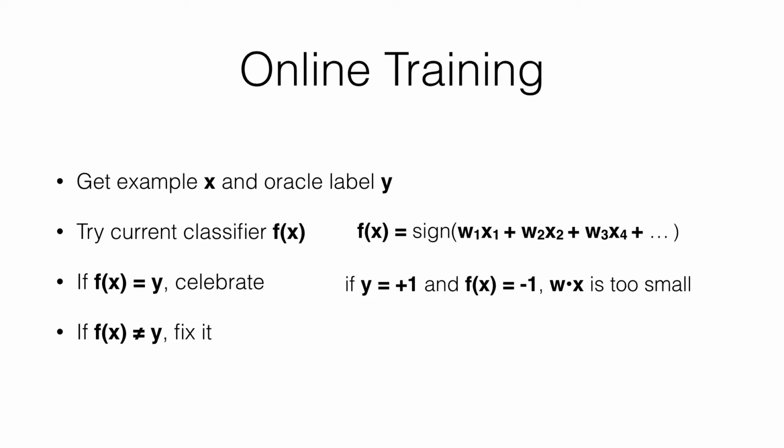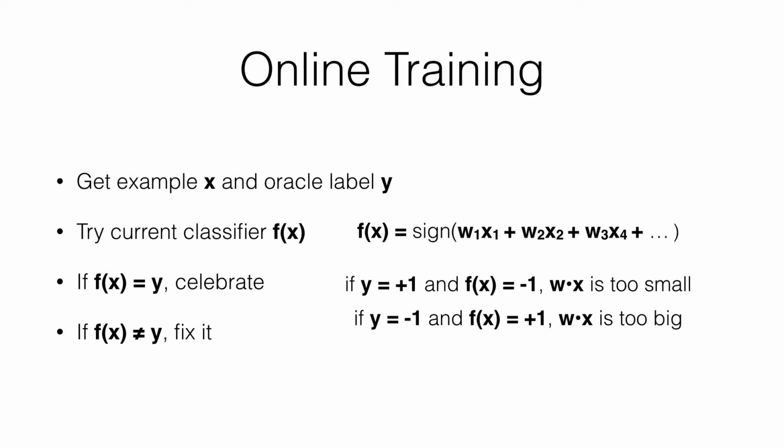The other type of error is the other direction: the oracle tells you y is -1, so it should be negative, and we predict positive, which means our score function, w times x, was too big. So let's make it smaller. That's the basic intuition: we adjust the score, making it bigger or smaller, depending on what type of error we made.